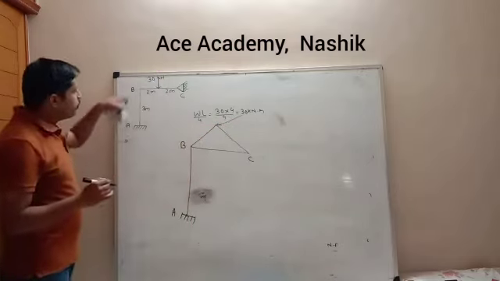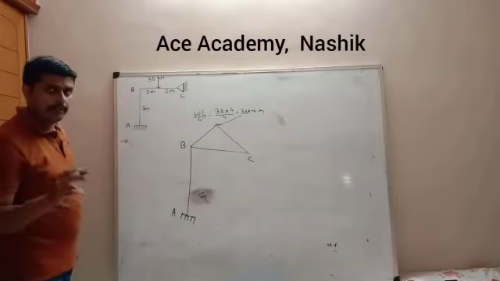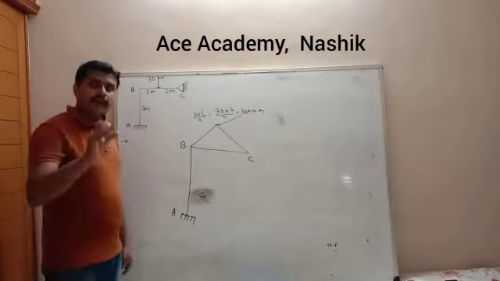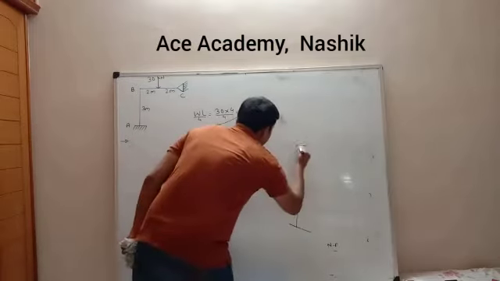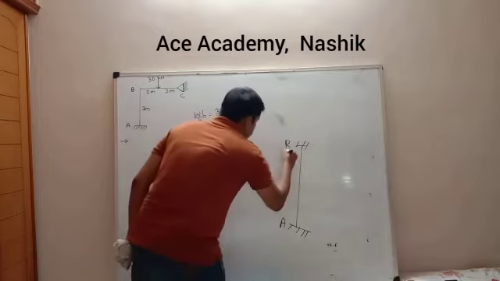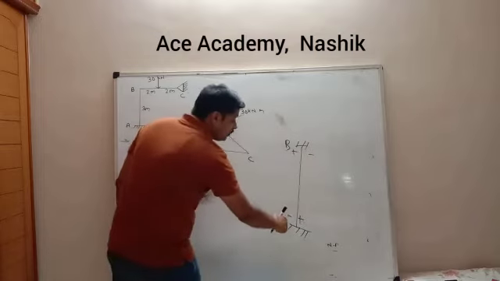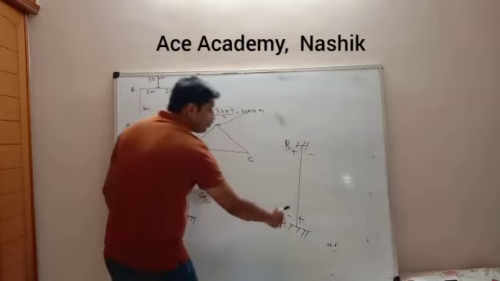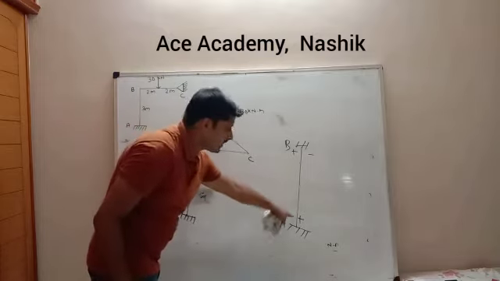Now what about AB? Since there is no load, there is no bending moment, but we have to draw final end moments. Always keep this in mind. This is A, this is B, this is minus, plus, plus, minus. If AB is negative, you have to draw that point on the left hand side of this line.